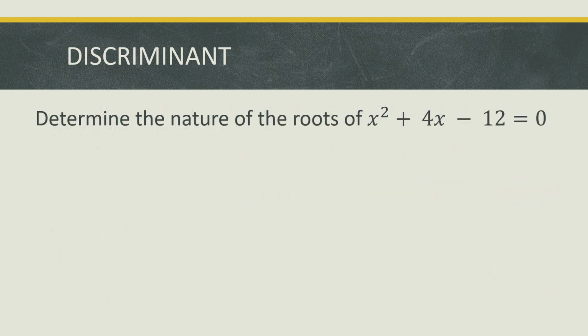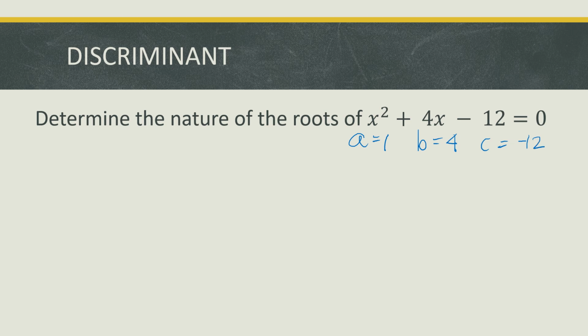Let us have an example. Determine the nature of the roots of x squared plus 4x minus 12 equals 0. To use this discriminant, we need to know the values of a, b, and c. The value of a in our quadratic equation is 1, the value of b is 4, and the value of c is negative 12.